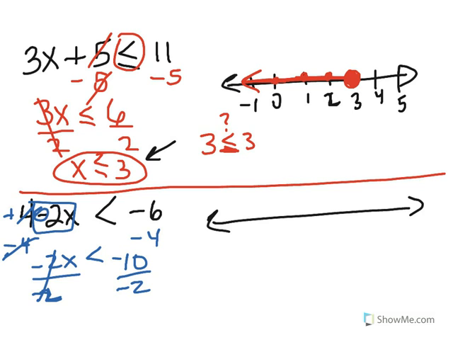If that's the case, then we are going to have to flip this inequality so that we don't change what this thing means. When we get back to plugging in some numbers that work or don't work, then I'll be able to explain why. But for right now, we're just going to look at the mechanics. So I flip this sign right here because I divided by a negative. Doesn't matter how this answer turns out. It's only if you divide or multiply by a negative. And that's going to give me positive 5.